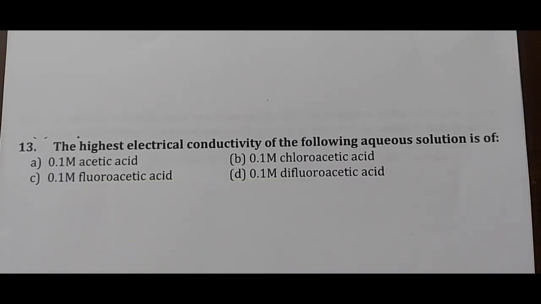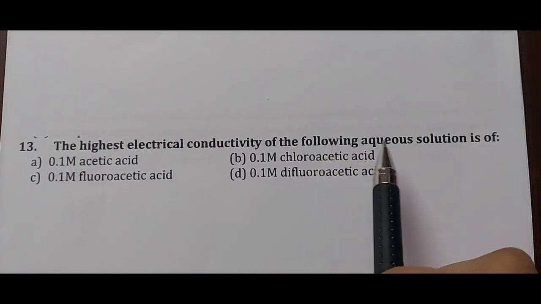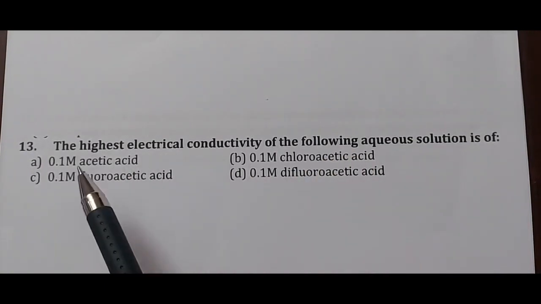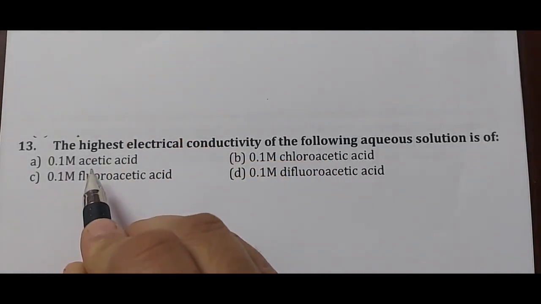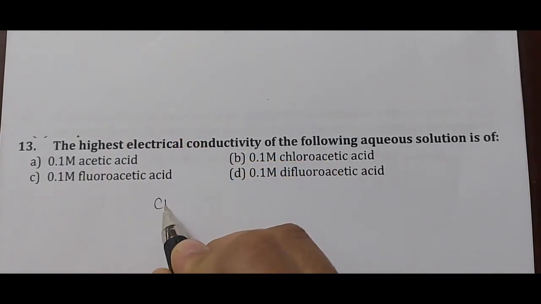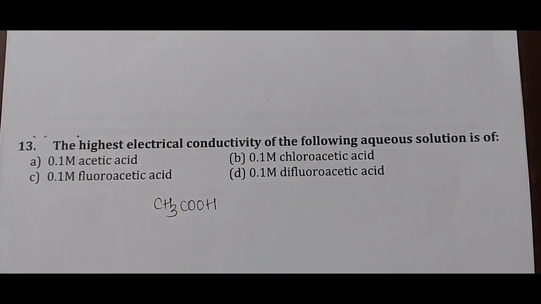Next, question number 13. The highest electrical conductivity of the following aqueous solution is of. The options given are: first, 0.1 molar acetic acid, which we can represent as CH3COOH.